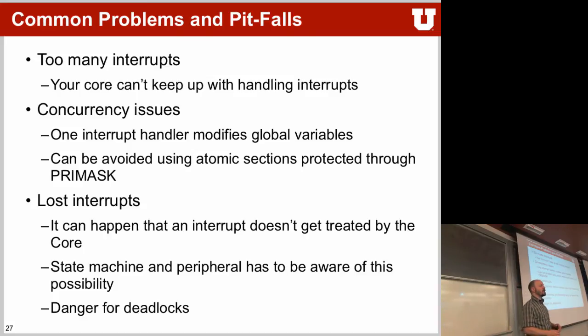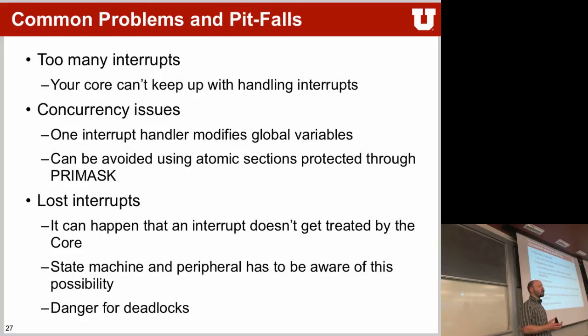You can have concurrency issues. And that's actually a really, really big problem. Remember, interrupts can happen between any assembly instruction. And C instructions don't map to one assembly instruction, right? A C instruction can be a lot of different assembly instructions that have to be executed for it. So don't assume that within one C function, you can't be jumping into an interrupt service routine. This is very, very dangerous if you start modifying global variables.